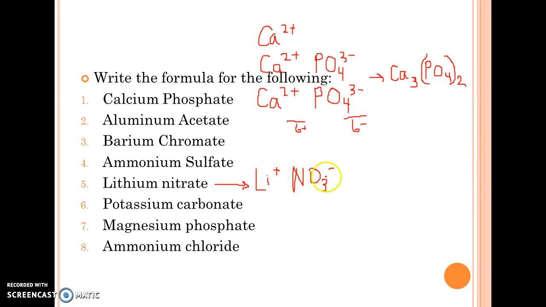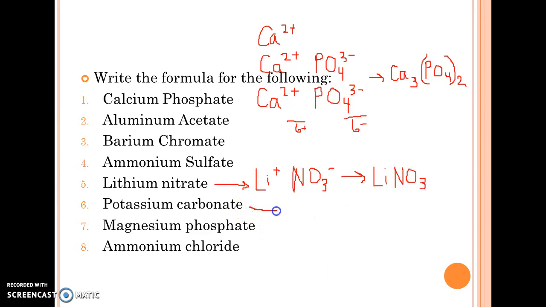Now these charges do balance out to equal 0, so we only need 1 of each, which means we do not need parentheses in this formula. So we have 1 atom of lithium, and we have 1 ion of nitrate. No parentheses because we only need 1 nitrate.